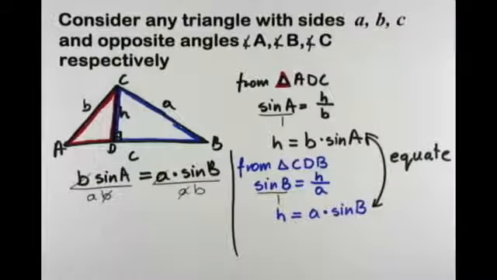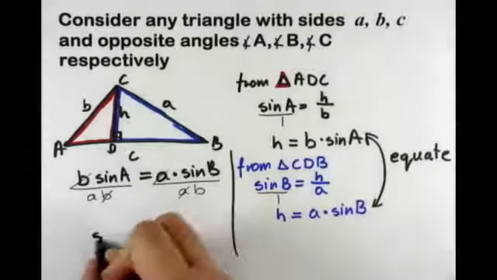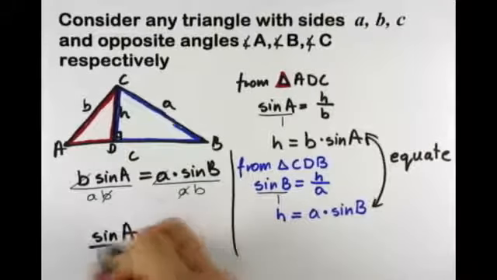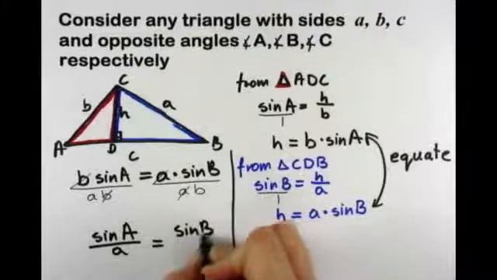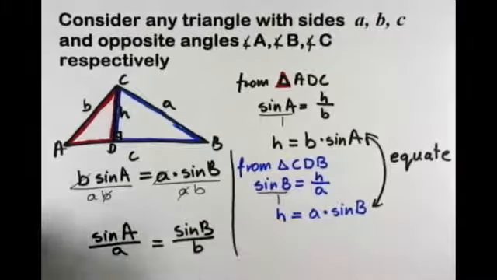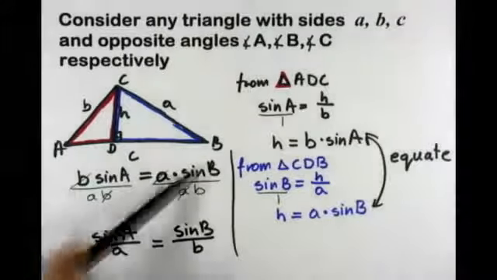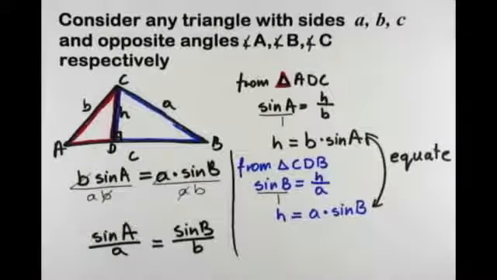So what I'm left with is sine A over a is equal to sine B over b. And that's part of the sine law. Notice that this is for any triangle, it does not need to be a right triangle.